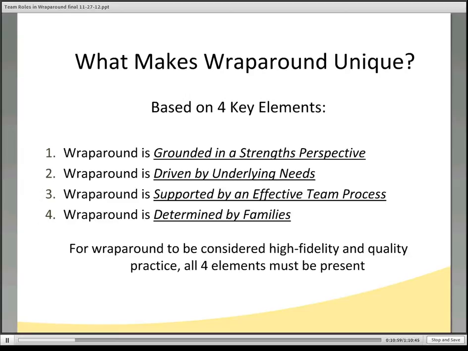Grounded in a strengths perspective reflects a basic commitment to not only strength seeking and generating, but building on those strengths, again, of not only the parents and the youth, but also of all the team members, the communities, and the service environments that we're working in. And for Wraparound to be considered high fidelity and quality practice, we need to incorporate that along with the others, which I'm also going to talk about.